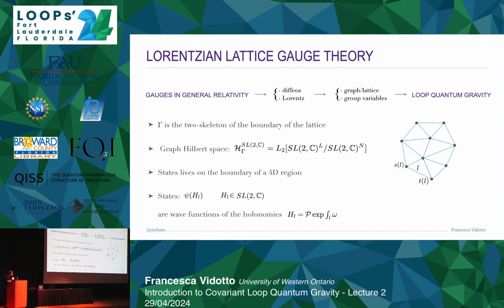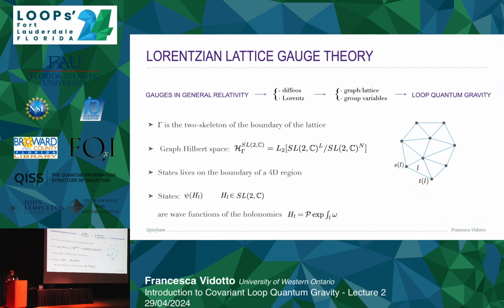So here on each link, I have a group element, as I said, that I can think of as a holonomy of the connection, of the spin connection. And instead, before, I had a space that was defined in SU2. So this new space is much bigger, and I have to find how the old space is embedded in this new one.